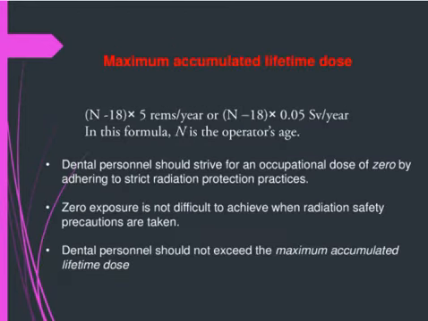Now, any dental personnel should try to get the occupational exposure to 0 by following strict radiation protection practices. If you follow strict radiation protection practice, then you will not be exposed to any sort of radiation.